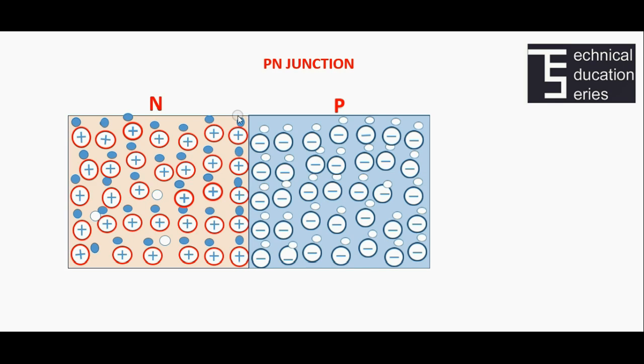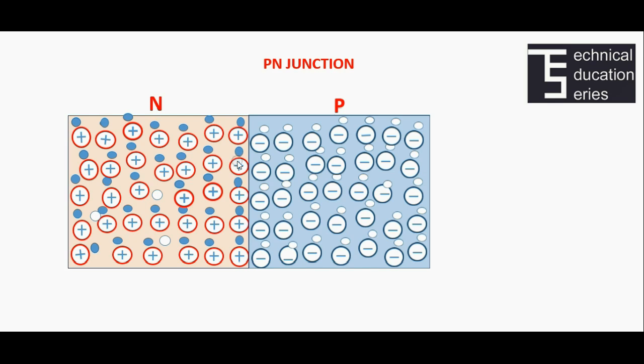When an electron is combining with a hole, suppose this particular electron is diffused and combined with this particular hole, this atom will become a negative ion. Similarly, when a particular hole is combined with an electron, that atom will become a positive ion.